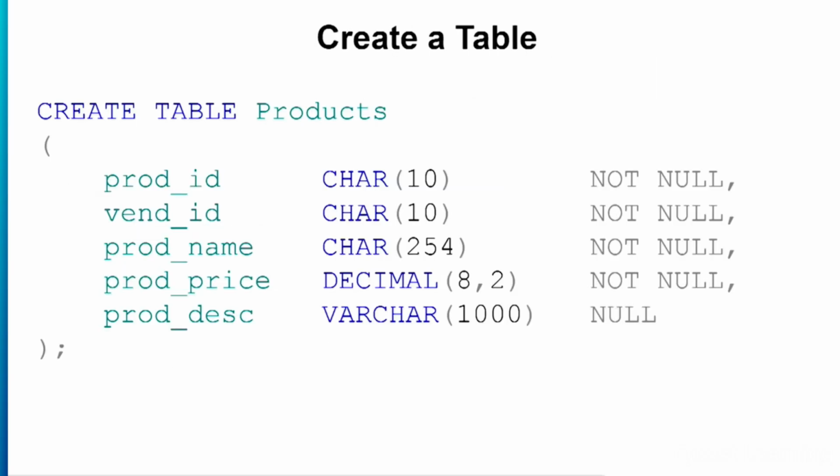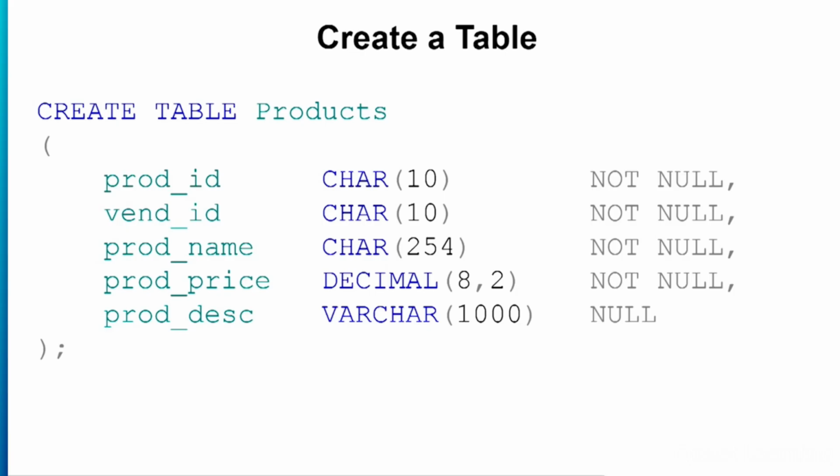This is what a create table statement looks like. This is in fact the table that we've been using for products throughout our lessons. And here you can see it's defining a table called products. There are 5 columns, and the data type is defined for each. The first 2 are char 10, so they allow characters up to 10 characters long. The third allows a longer name.